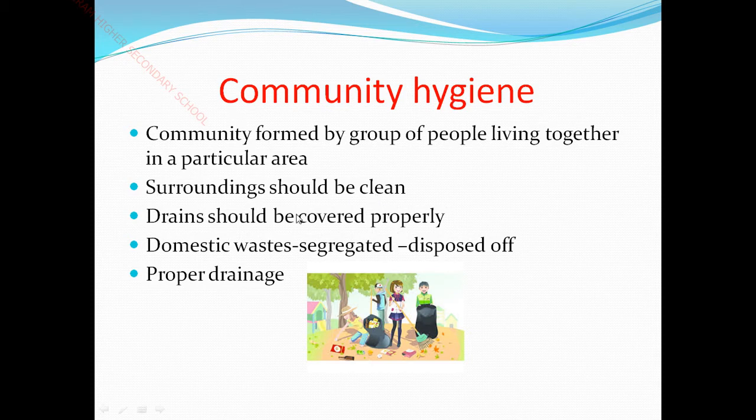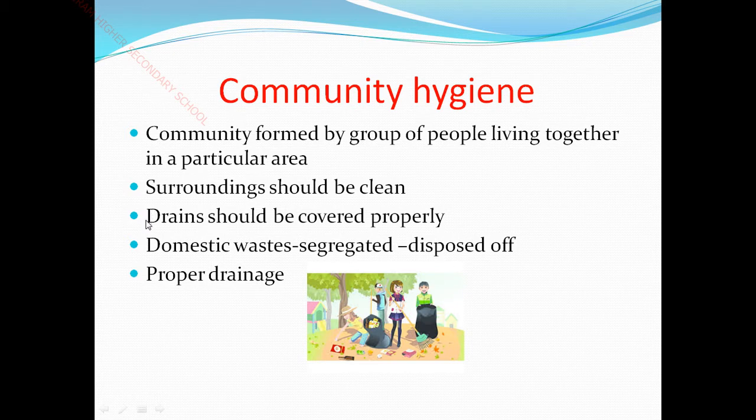For that, the drains should be covered properly. Drains, as you know, are the channels where wastewater flows out from our home. The domestic water, once used, becomes waste. Once the wastewater gets outside, it is drained into small pipes.